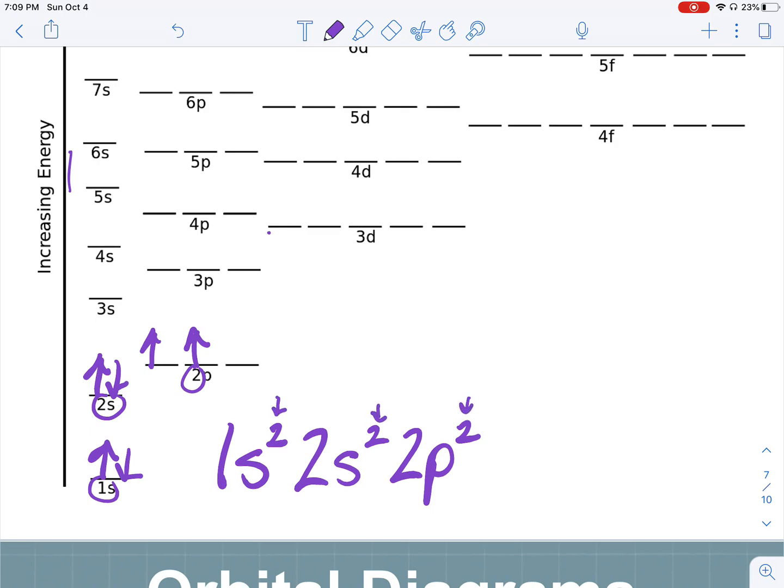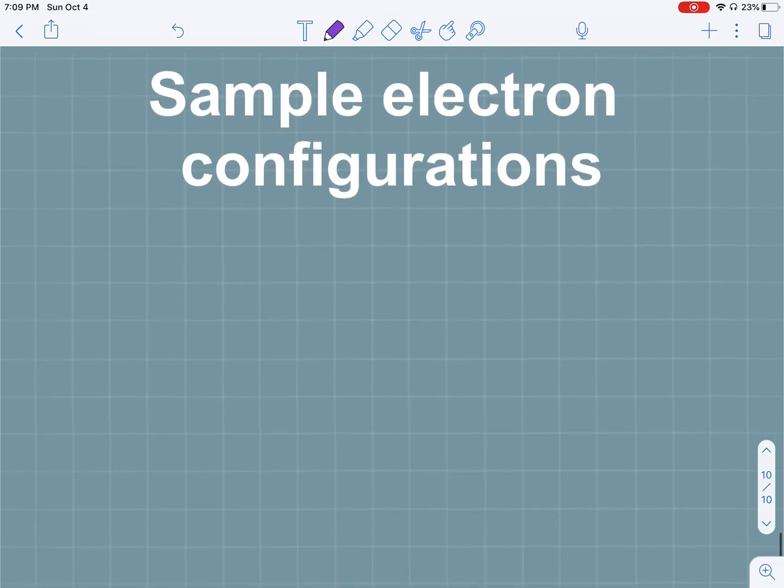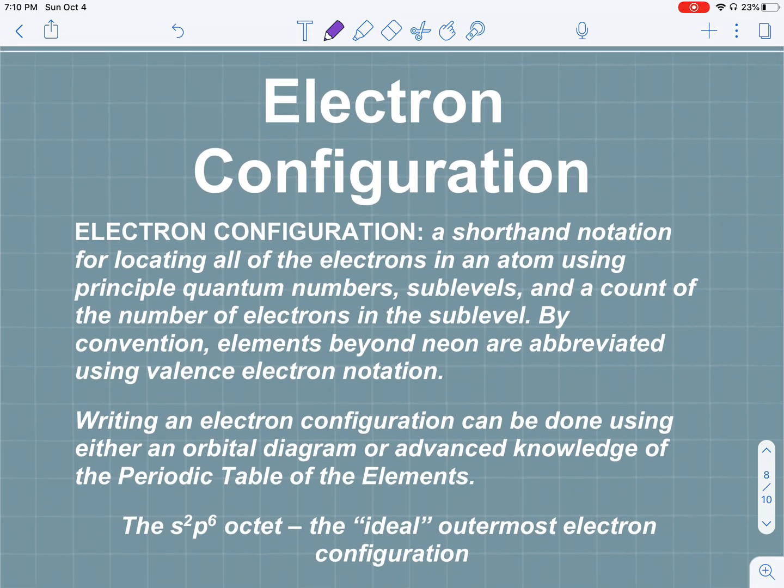So we basically take these numbers, we list them off in order from lowest energy to highest, and then we put a little superscript telling how many electrons are in each of those sublevels. Chemists always like to have efficient ways to do things. The orbital diagram gives us the full orbital configuration.